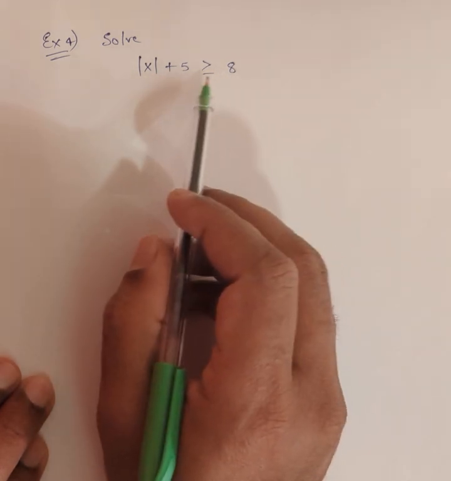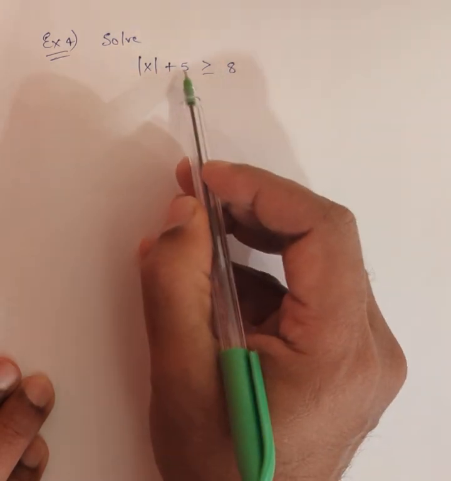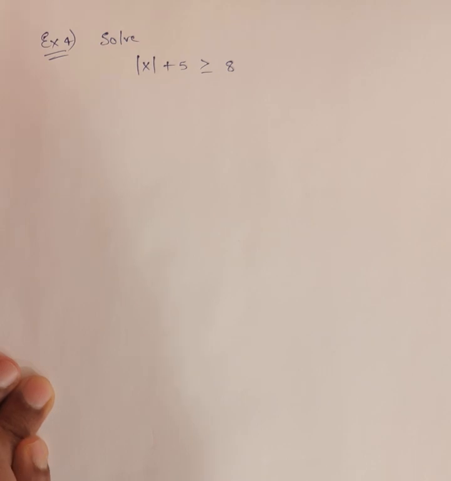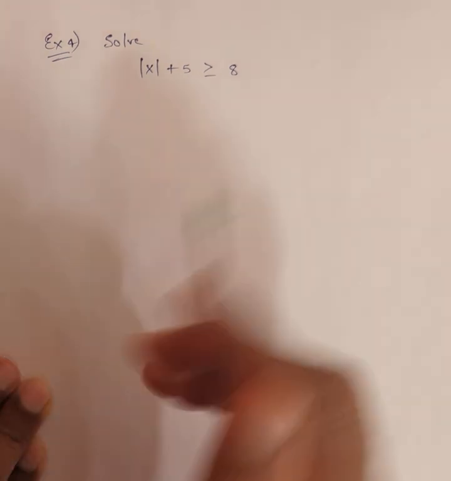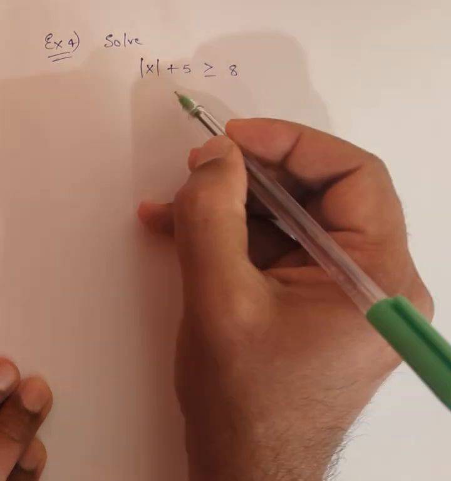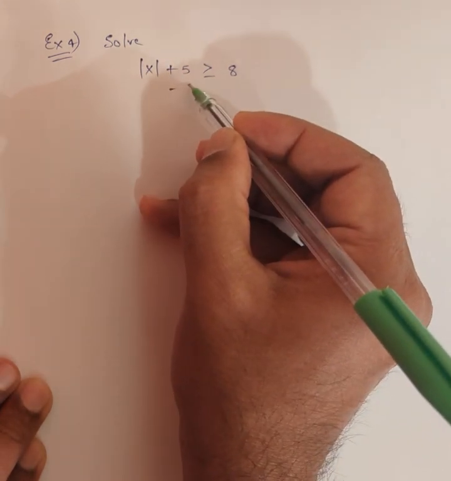So before we write down our solution, we need to get rid of the plus 5. We've got to have just the absolute value on one side of the inequality, preferably on the left side. So to get rid of the 5, we subtract 5 from both sides.